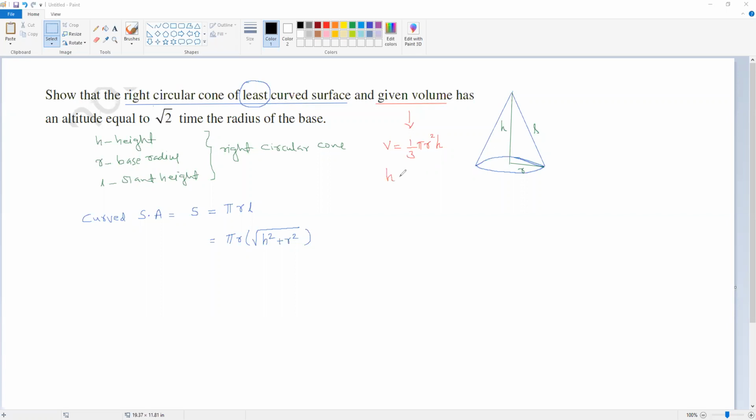From here you will get h is equal to 3v divided by pi r square. So now you can see v is constant, volume is constant, r is the variable. So here we have to substitute that.